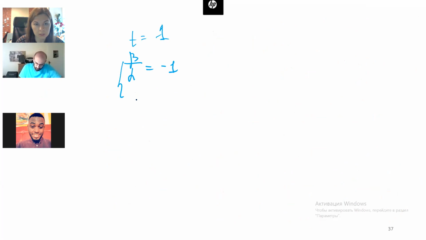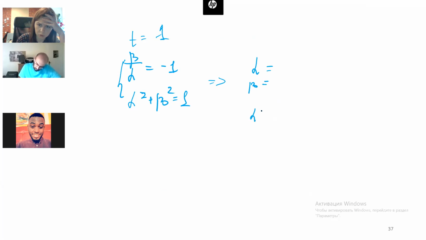Yes, and also we have the second limitation that the sum of squares is equal to 1. Could you solve this system? Please find alpha and beta. You will also have two solutions.